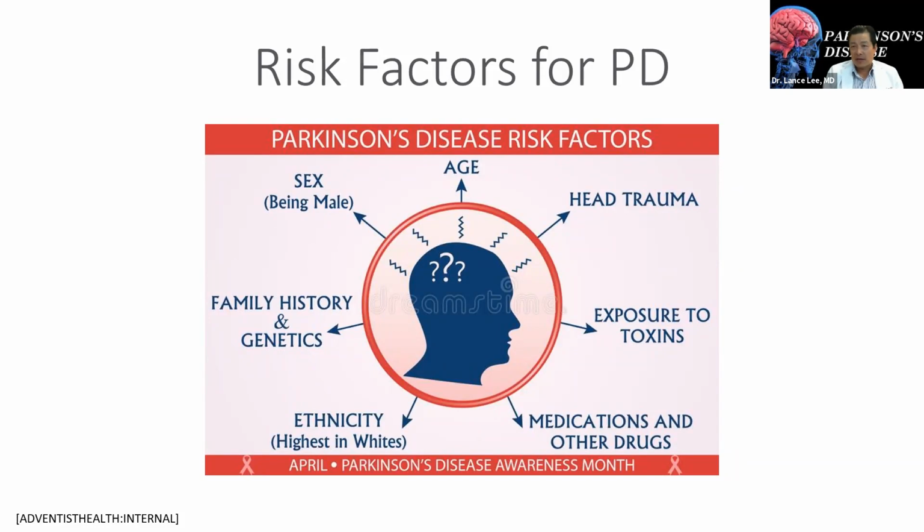That's an interesting fact. And then, of course, we talked about toxins, and the right corner says medications and other drugs. There are other drugs that also cause a Parkinson's-like condition. It's not Parkinson's disease, but it can come from medications such as psychiatric antipsychotic medication, for example. That's not actually true Parkinson's disease, but it looks like Parkinson's disease.